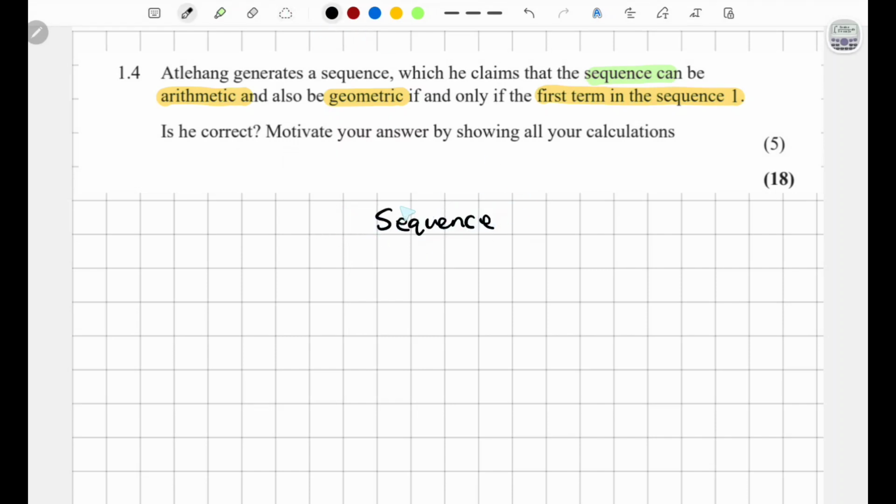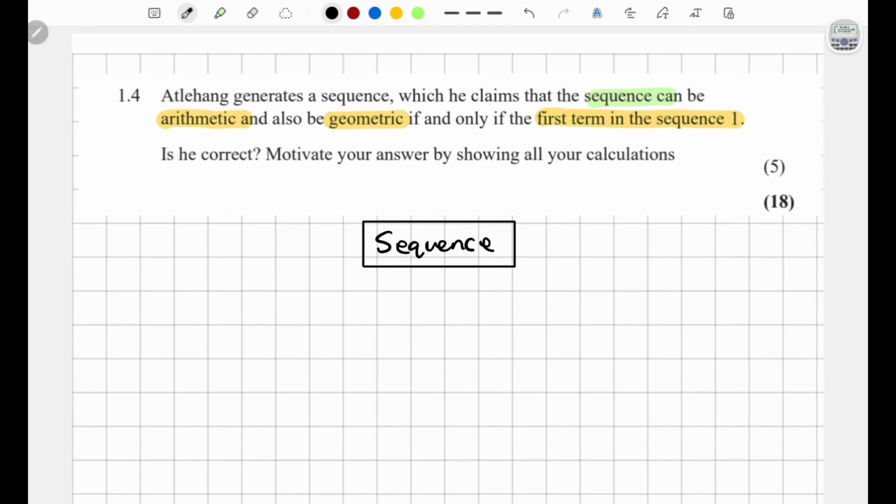It's one single sequence. But this sequence is both arithmetic and geometric. So what I'm saying is that they will look exactly the same as the sequence, but they're both going to be arithmetic and geometric, which really just means that in the arithmetic one, let me actually just put 2 columns for arithmetic and geometric. Okay, so we have 2 columns for those.